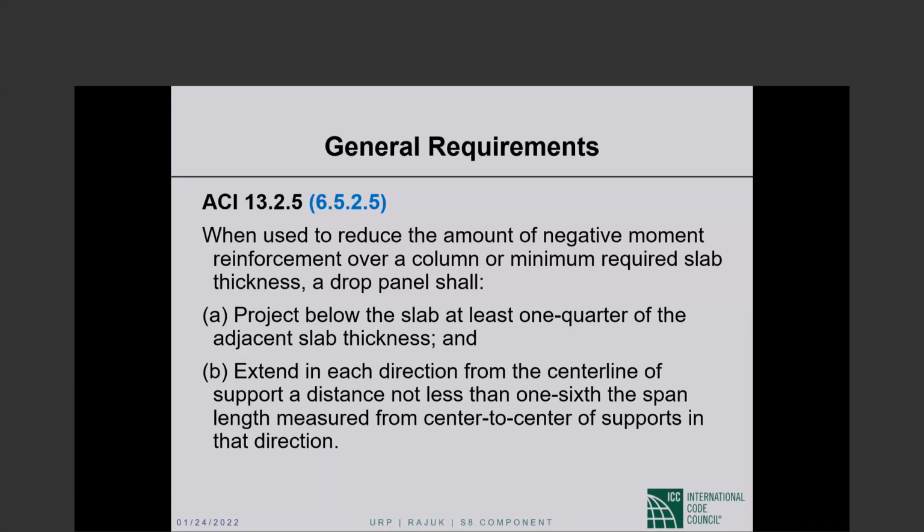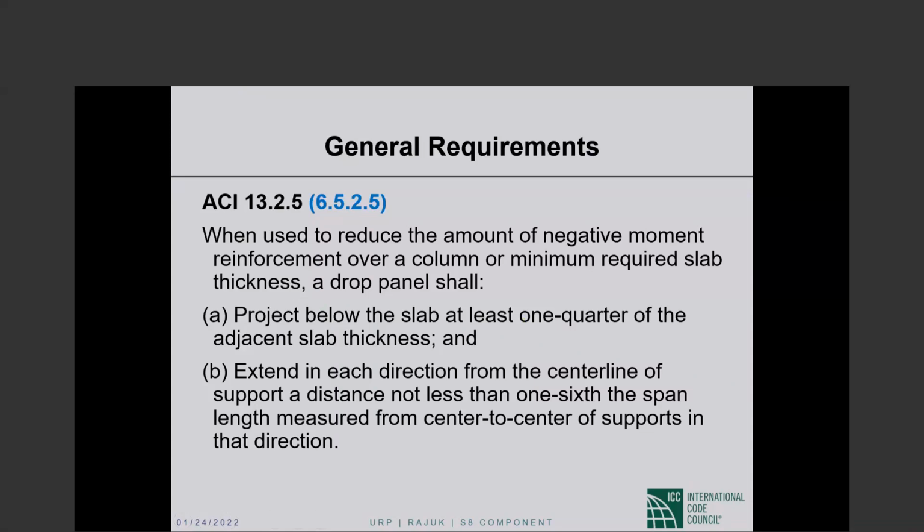If that's what we are trying to do, then the drop panel has minimum dimensions. It must project below the slab at least 1/4 of the adjacent slab thickness. So if the slab is 8 inches thick, the drop panel cannot be any less than 2 inches. Okay.